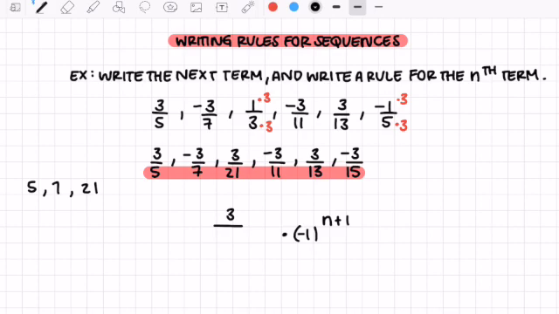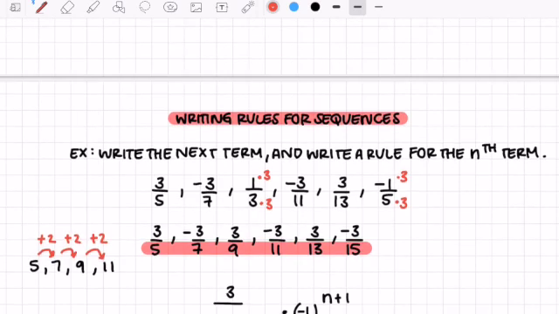If I look at this pattern here, you can see that they're all adding by 2. So 5, then 7, then 9, then 11. All of them add by 2. They just all are increasing by 2, plus 2, plus 2, plus 2.